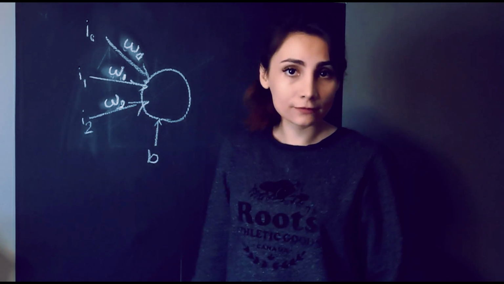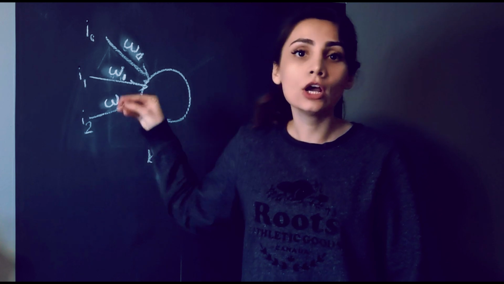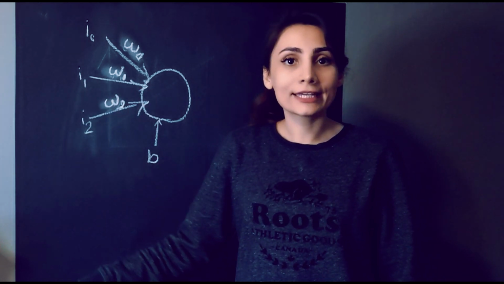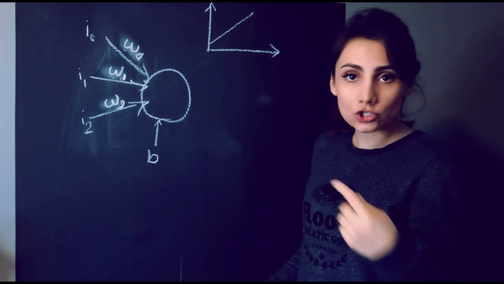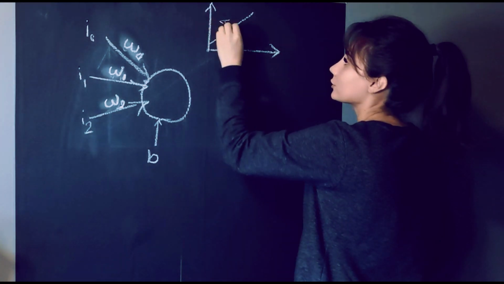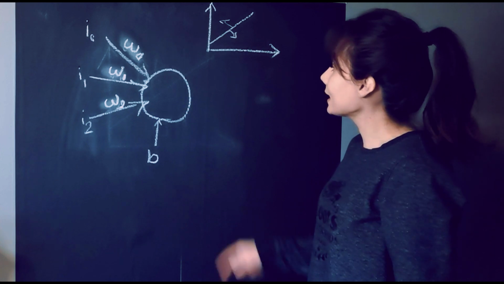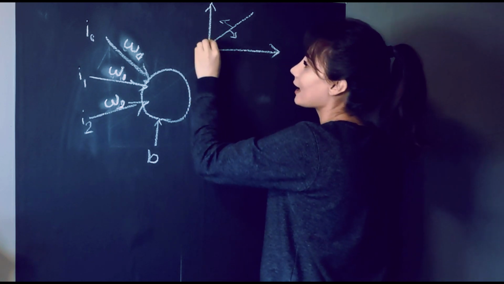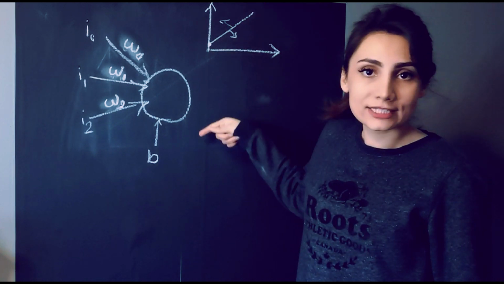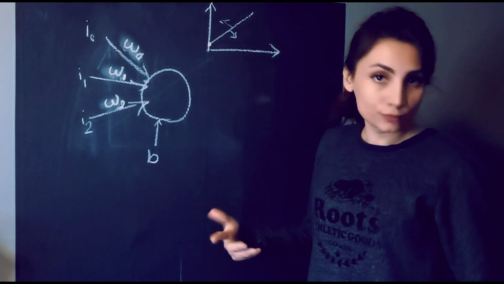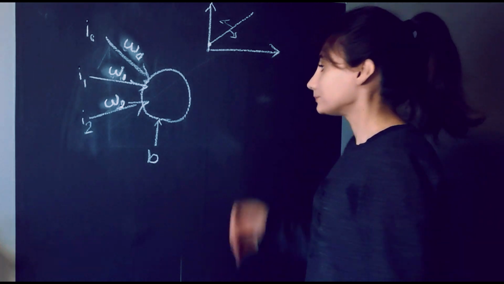And so all of these together will show you where your line is and what the slope of your line is. Weights decide the slope of the line. So if the line goes this way or this way, and then bias decides if you're going up or down on y. So it's the same as the y-intercept again.